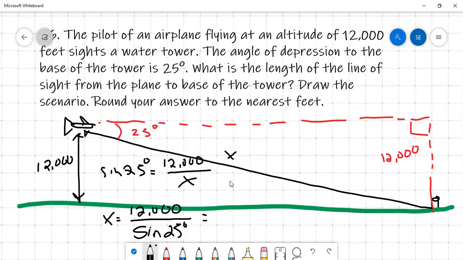And again, when we plug that into our calculator, this is equal to 28,394. This was feet. So that line of sight is 28,394 feet. Okay, so we're just using the trig function to correlate the angle and the two sides that we know.